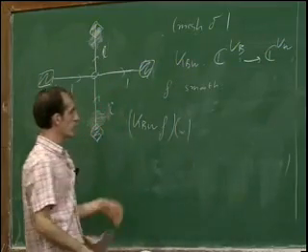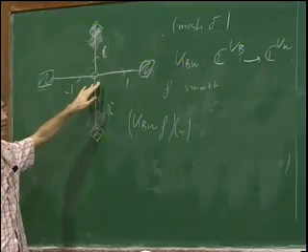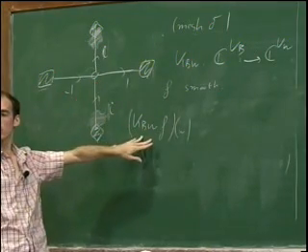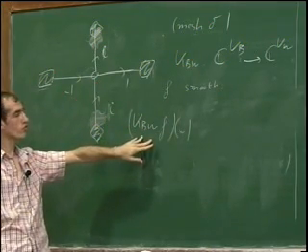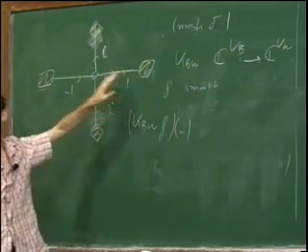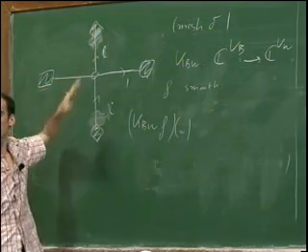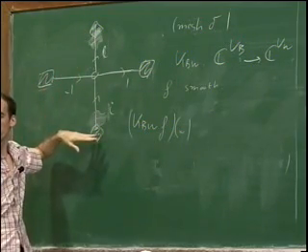So if you evaluate this function at the white vertex, what you get is the value on the right vertex minus the value on the left vertex, plus i times the value on the top vertex minus the value on the bottom vertex.